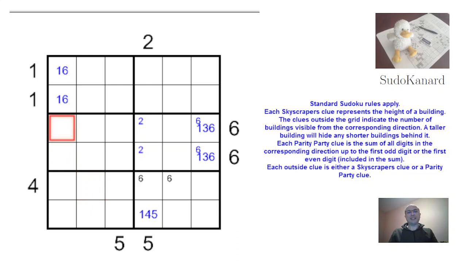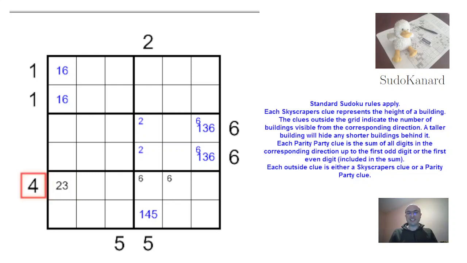Oh, something else is that a skyscraper won't start with a 1. So the minimum digit here is 2. So it could be 2, 3, 4, 6, something like that. So this would be 2 or 3.